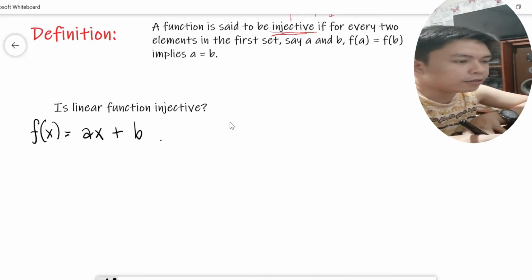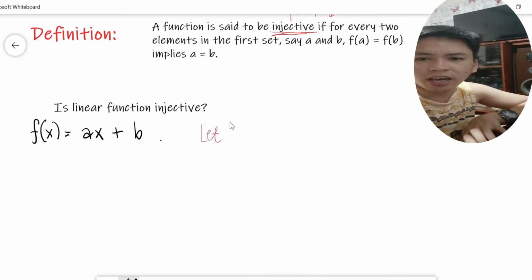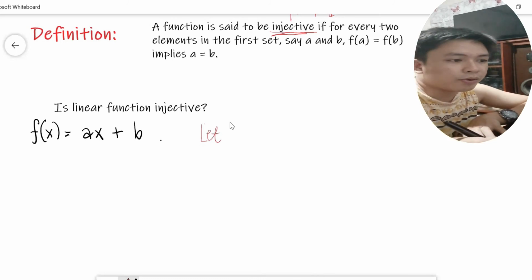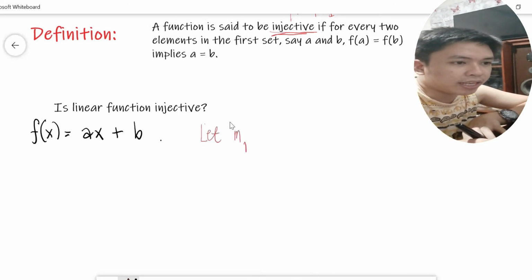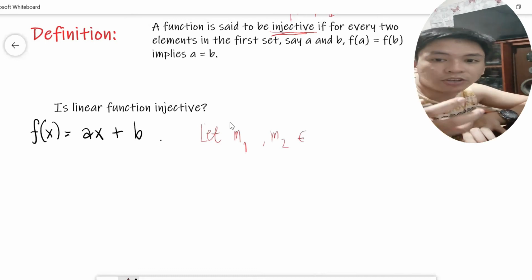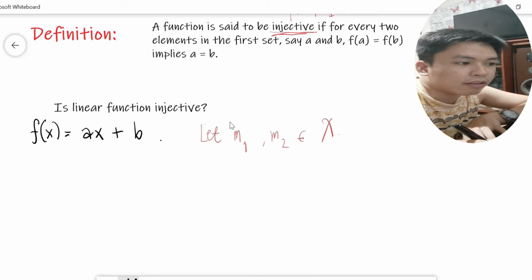In this case, I'm not going to use a and b for the elements. Instead, let m1 and m2 be elements of the first set, the domain.